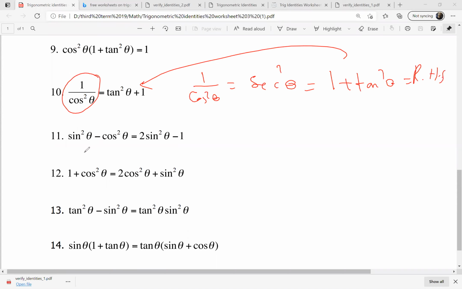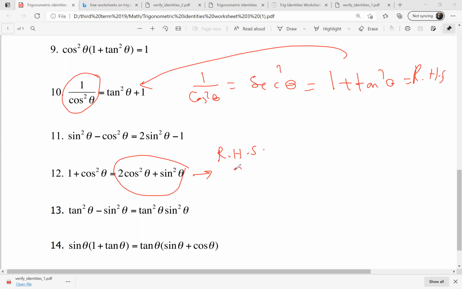Okay, the other one, sine squared minus cosine power 2, we solved one like this before. 1 plus cosine power of 2 equals 2 cosine squared plus sine squared. We can solve this one. We will take the right hand side: 2 cosine squared plus sine squared. And we need cosine.